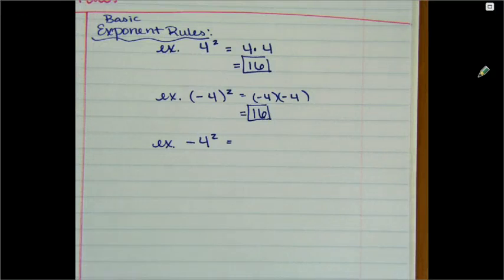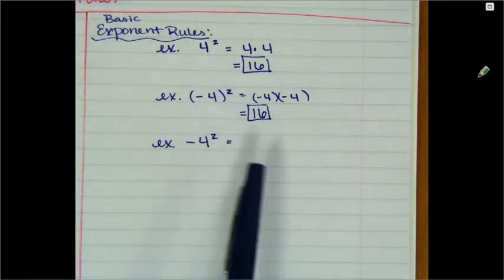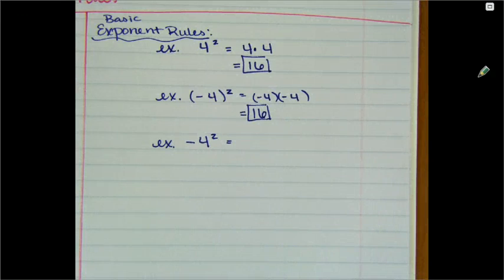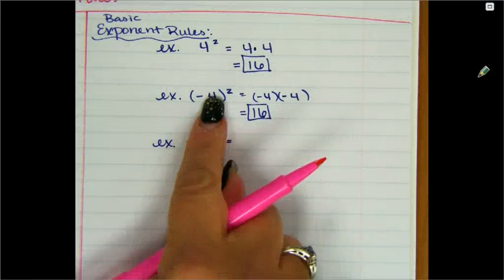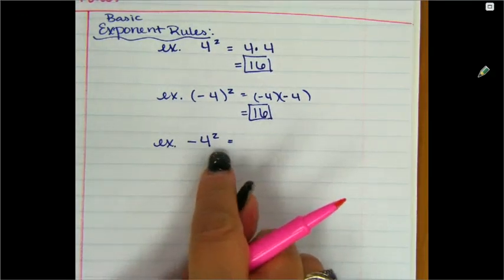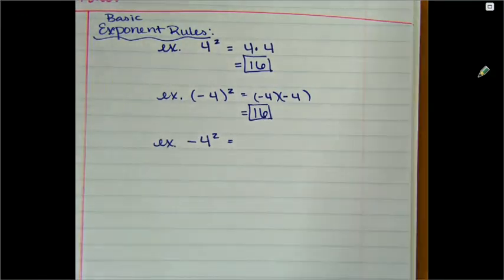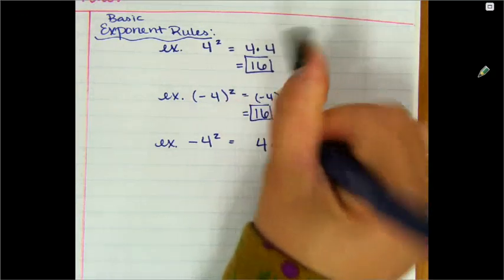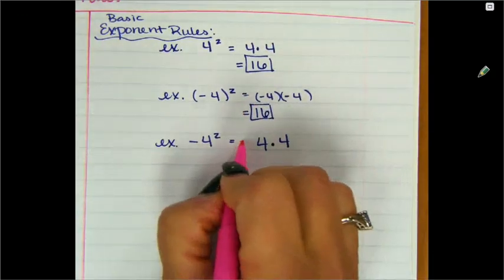Negative 4 squared. What's the difference between this one and that one? There's two different meanings. What does this mean? Does anyone know? This means you're multiplying negative 4 twice. This one means that you're multiplying 4 times 4 with a negative in the front.